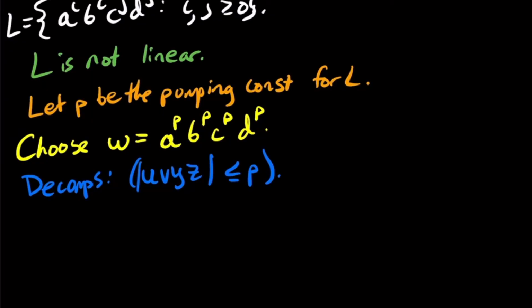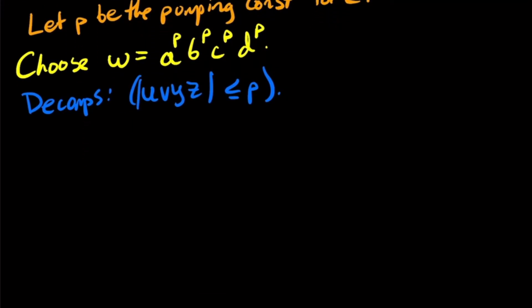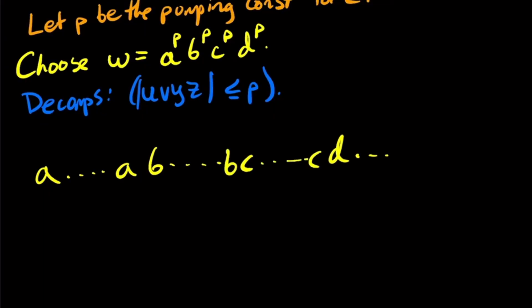That means the first 2 pieces occupy at most p characters, and the last 2 occupy at most p characters. So let's try to blow the string up a bit. We've got a bunch of a's at the beginning, the same number of b's, some number of c's, and some number of d's. So there are p a's, p b's, p c's, p d's.